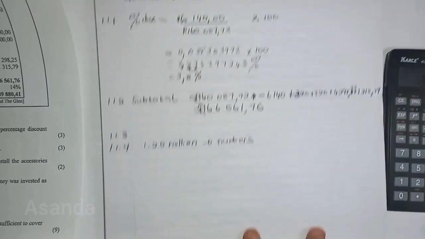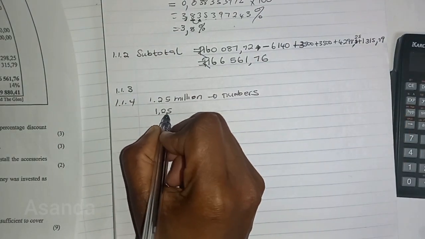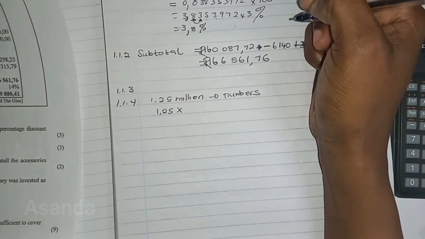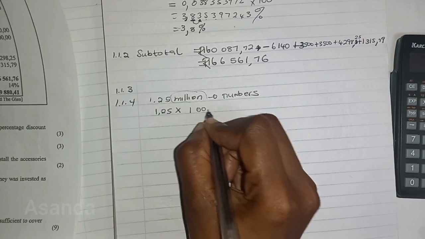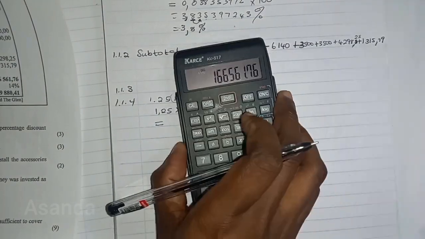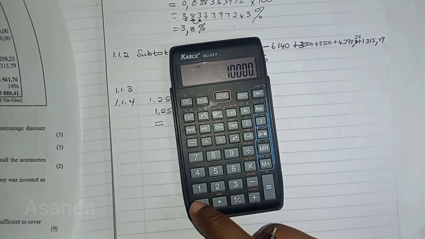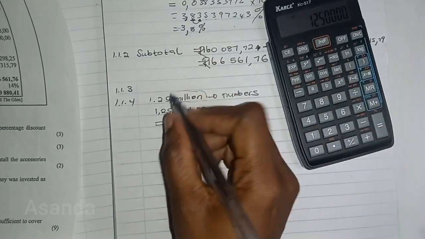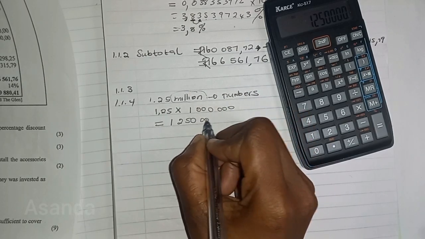You don't have to write all of this. I'm just writing it for explanation purposes. You have to say 1.25 multiplied by, what are you multiplying by? This word here. What is this word? It is 1 million. And then you take your calculator, do not guess. 1.25 times 1 and 6 zeros. And that is 1,250,000.